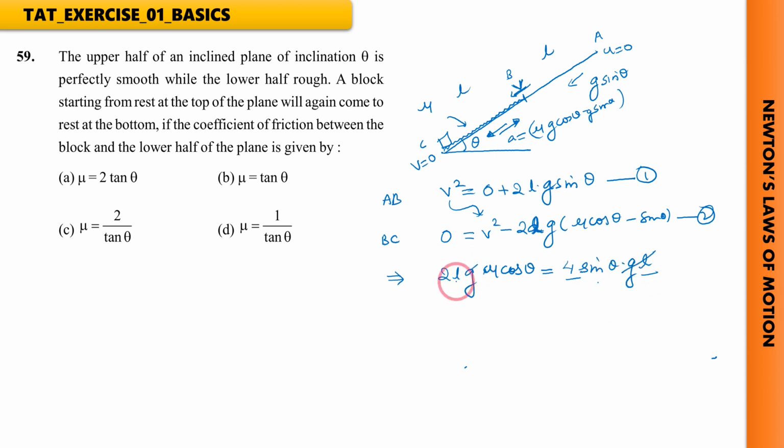So gL and gL will get cancelled, and we are getting mu equals 2 tan theta after solving this equation. So the answer is A to this question.